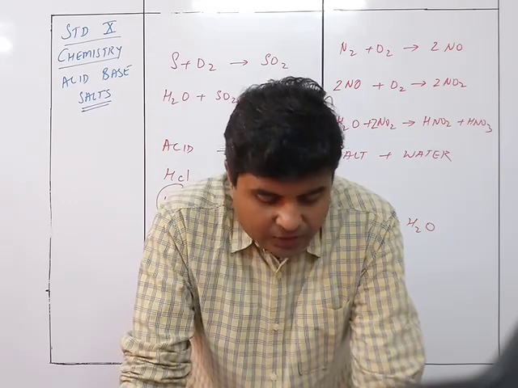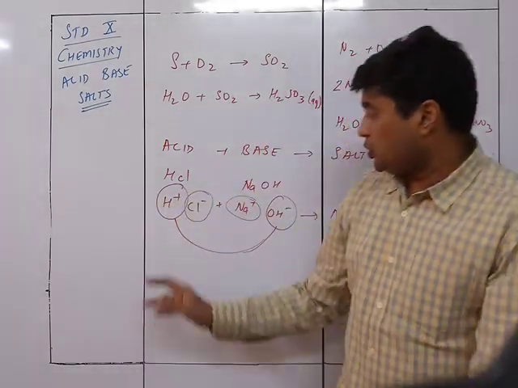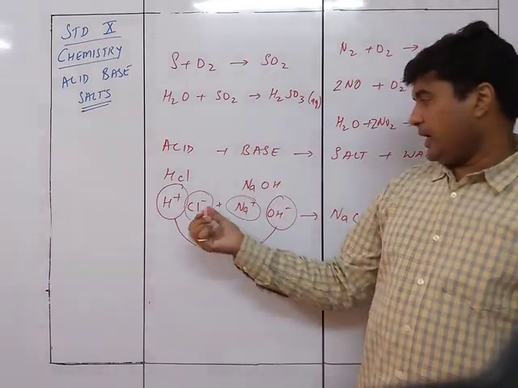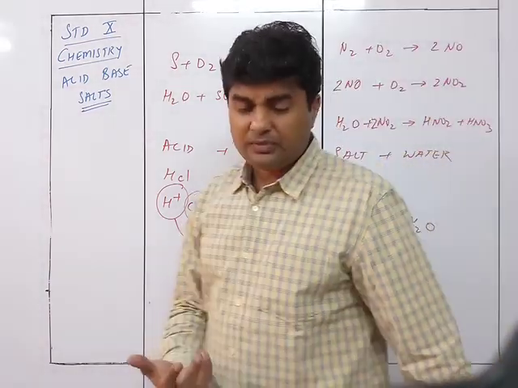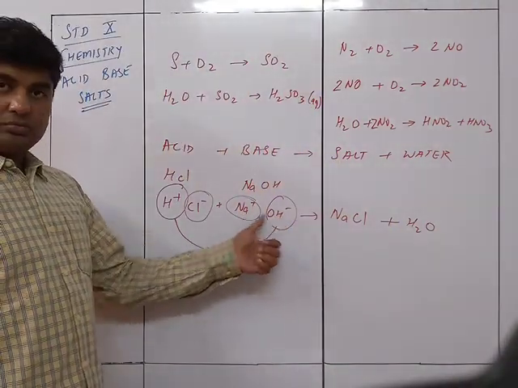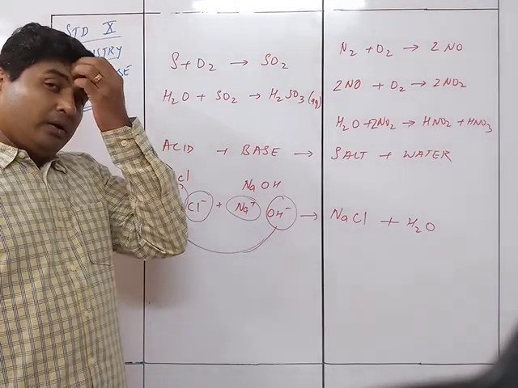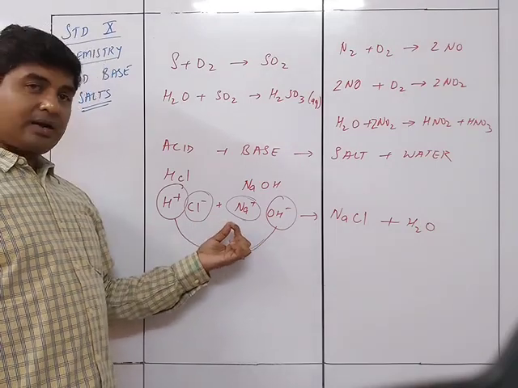Thus HCl donates the H plus ion, that is a proton, to OH. So here Cl takes away the chlorine part and becomes Cl minus. The ions were already formed; this was Na plus and this was Cl minus, so they are combined together.